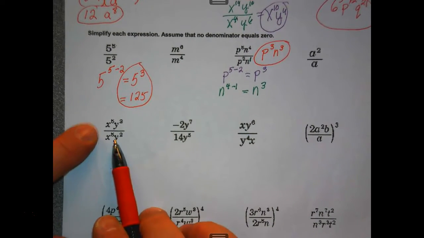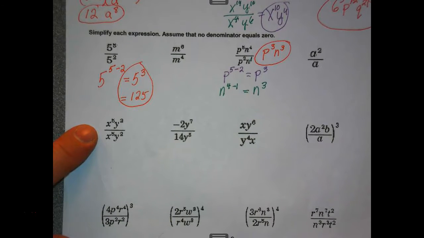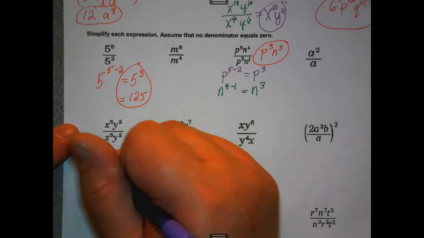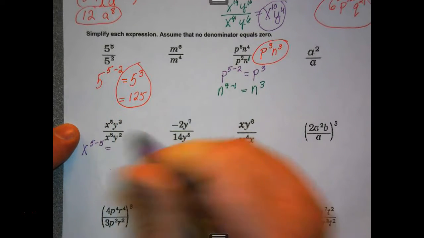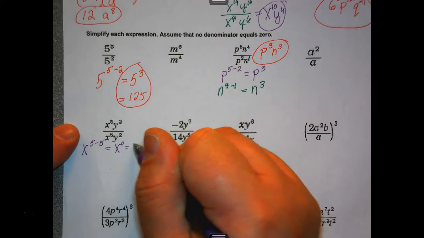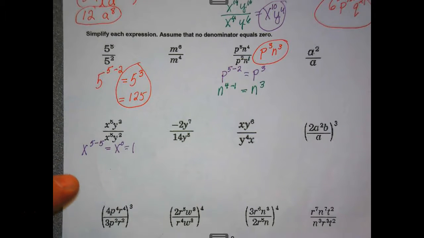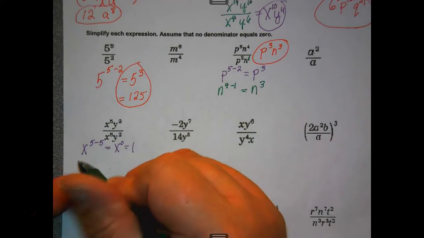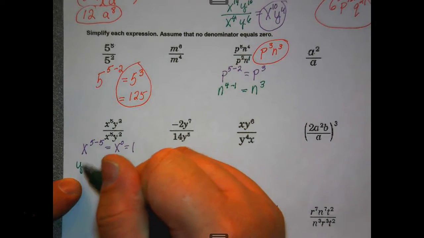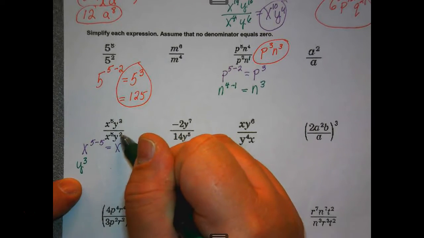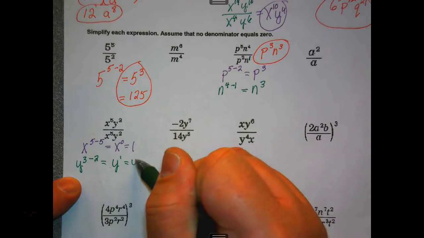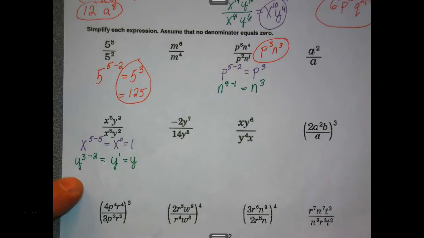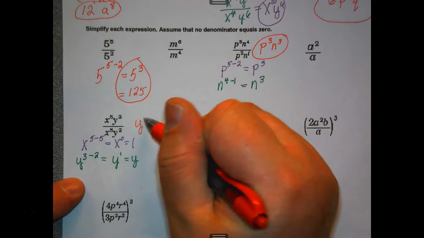This bottom one, we have x to the 5 minus 5, which is x to the 0, which is 1. And I have y to the 3 minus 2, which is y to the first, or just y. So I have 1y, which is just y.